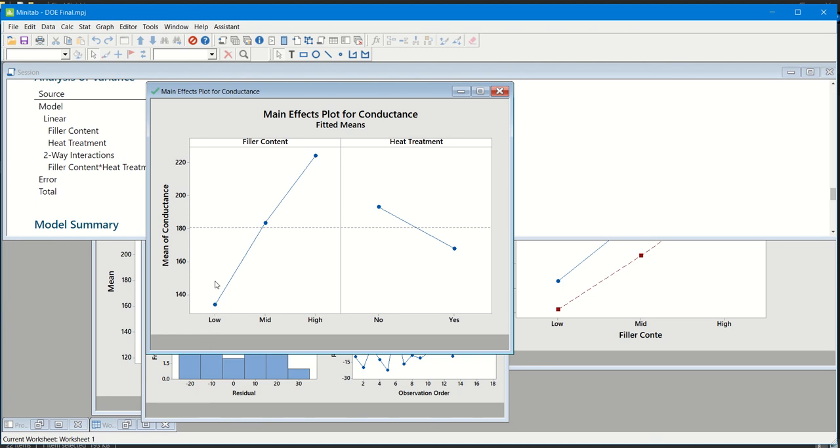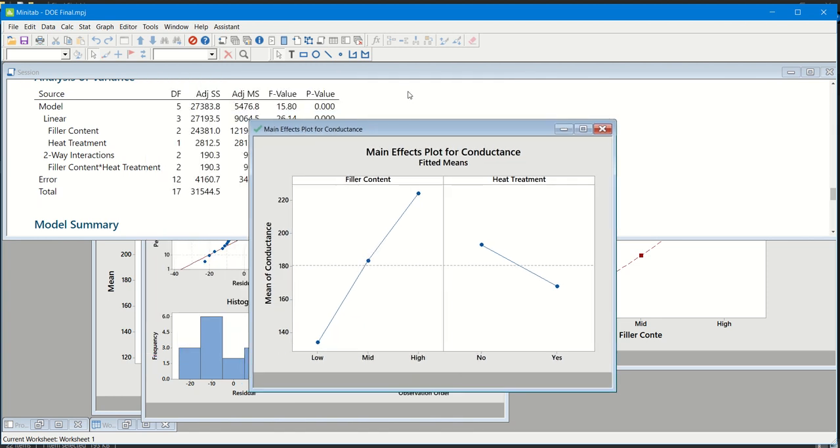So here, the low concentration of the filler gives us a low conductance. So, hindi to okay. Ang mid, so sir, wait lang, ano po yung dash line? So, yan yung average, okay? So, ang mid is nasa lagpas 180 at yung high is lagpas. So, ibig sabihin, increasing filler content or concentration gives us a high conductance.